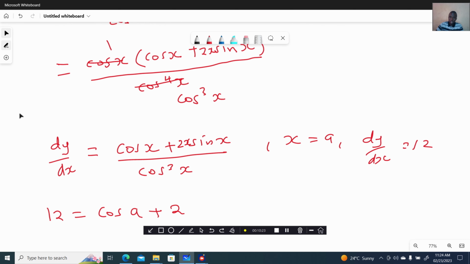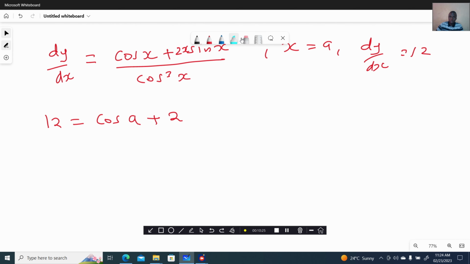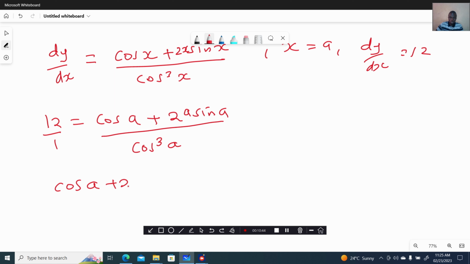Then this one should be 2a sine a divided by cosine cubed of a. So you can put 1 here, so we can have 1 times the entire of this numerator, which is giving us cos a plus 2a sine a, which equals 12 cosine cubed of a.